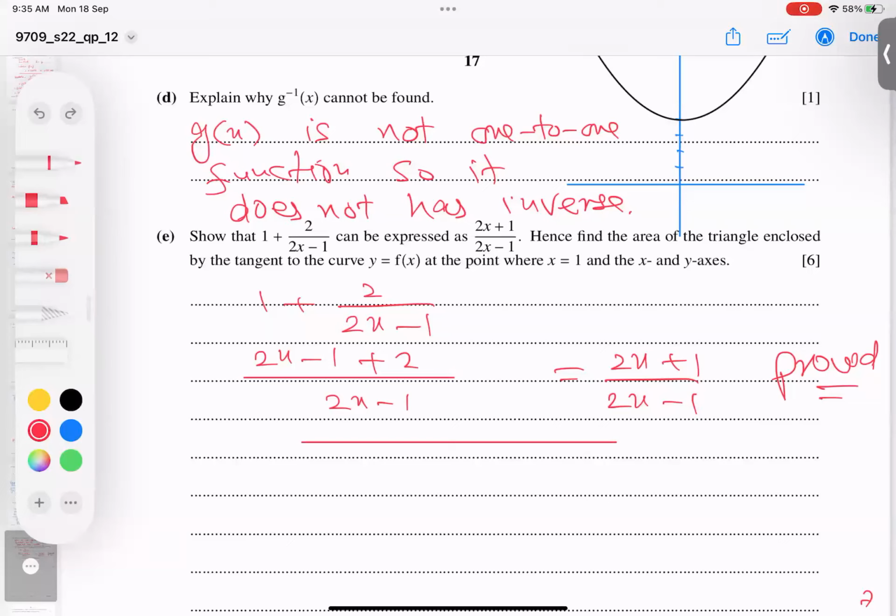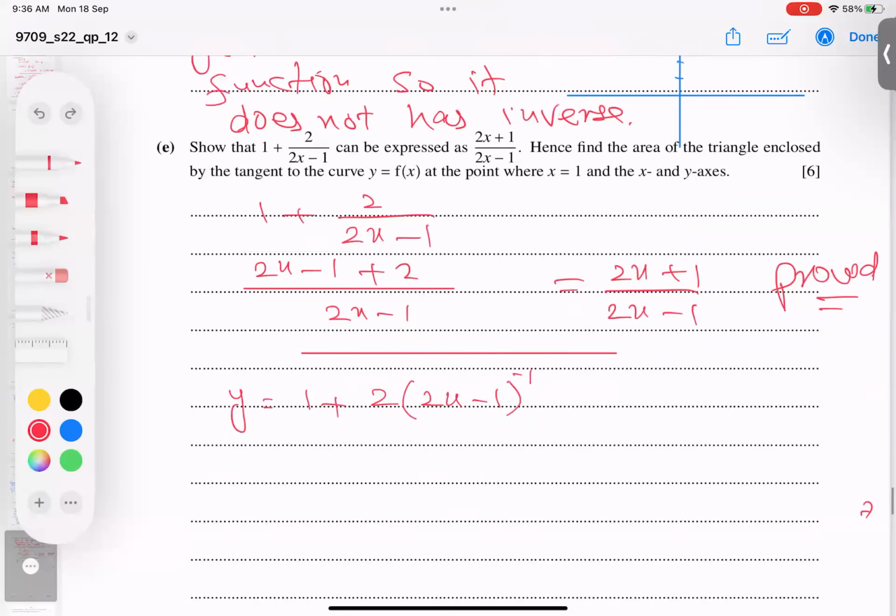Have a look here. First of all, can I differentiate this one? Very hard, but we can, because this shape and this shape are the same. I'm starting from here: y equals 1 plus 2 times (2x minus 1) to the power negative 1. Now I'm starting the differentiation, dy over dx.